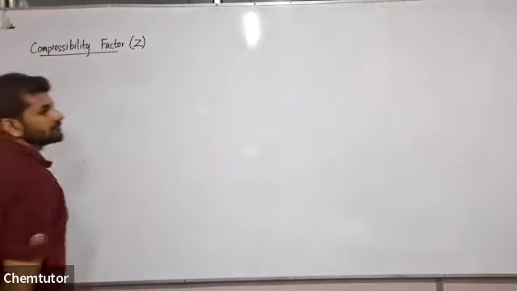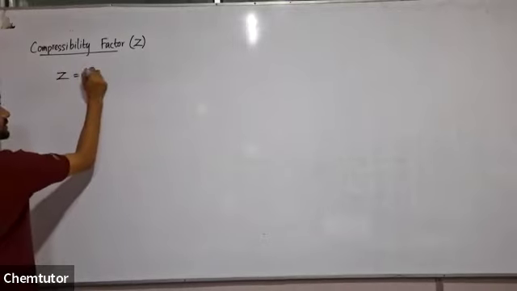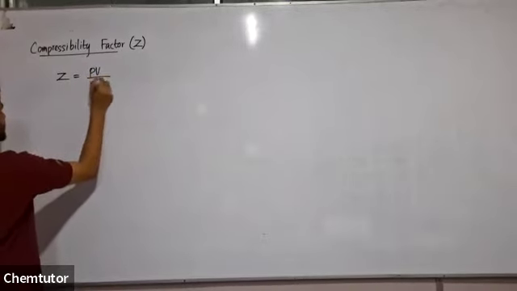That is capital Z. Z equals PV over nRT.